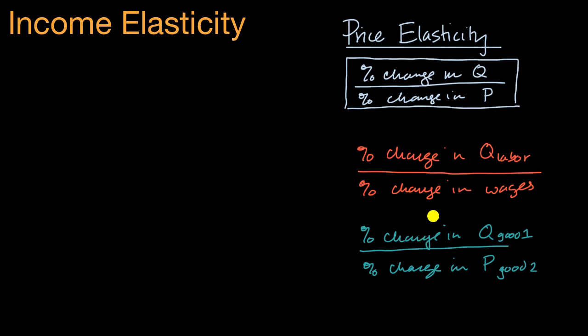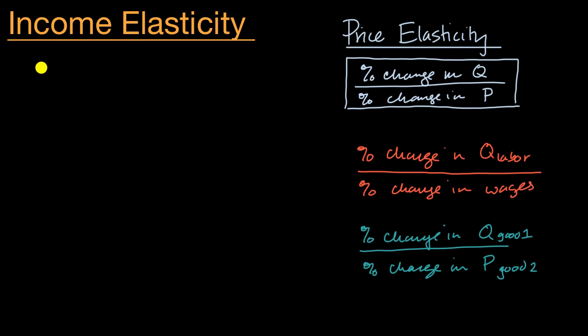But the focus of this video, as you can imagine, because it was already written down in a clean font right over here, is income elasticity. And here, we're going to think about the income elasticity of demand. And you could imagine what that would be.